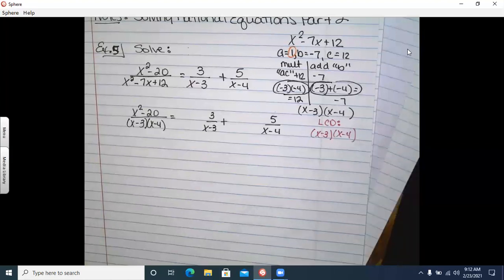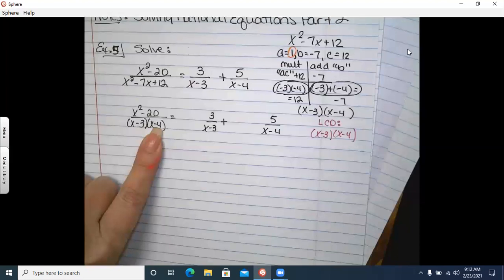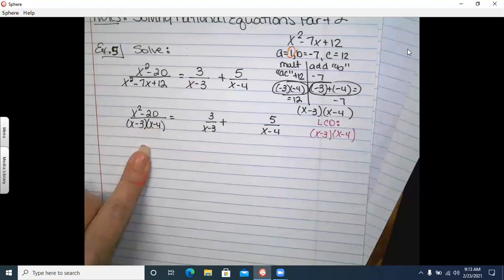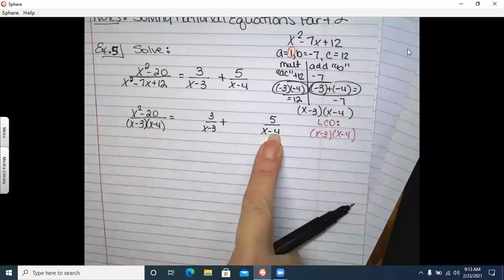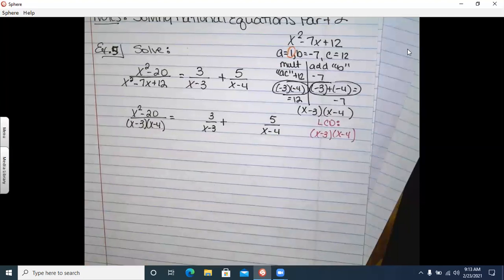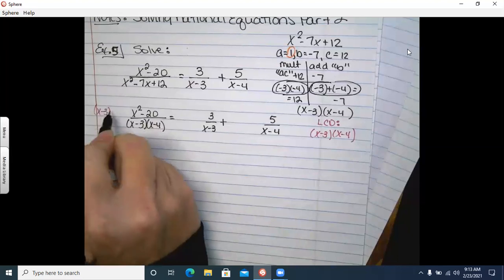The only time you would put two factors, say in my first fraction, say it was x minus 3 and x minus 3, 2 in one fraction, then I would have to say x minus 3 2 times. Otherwise, if I just use it once, only one of the x minus 3s will equal. Otherwise, in each fraction, if there's just one of the factors, then that's good. So what I'm going to do is multiply every term by x minus 3 times x minus 4.